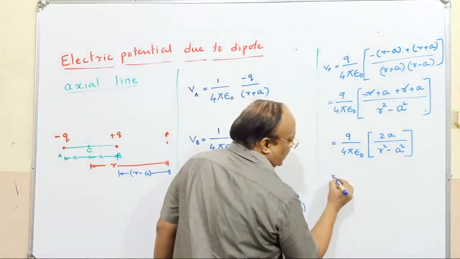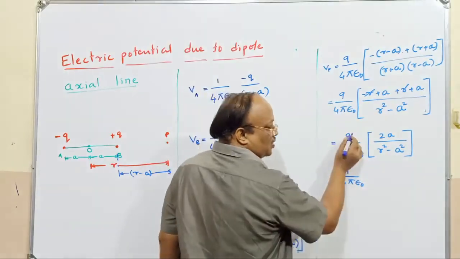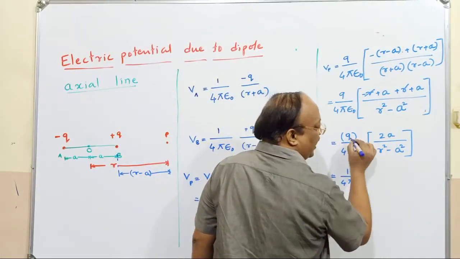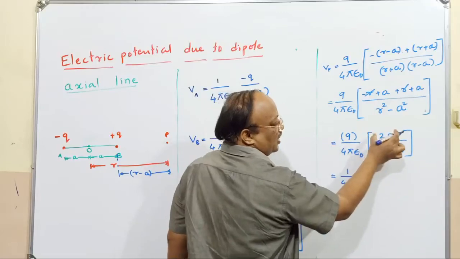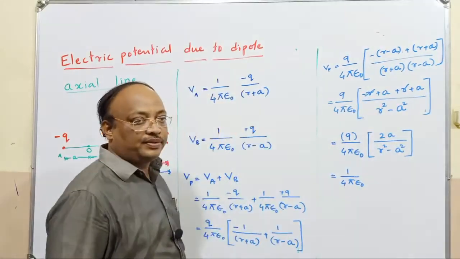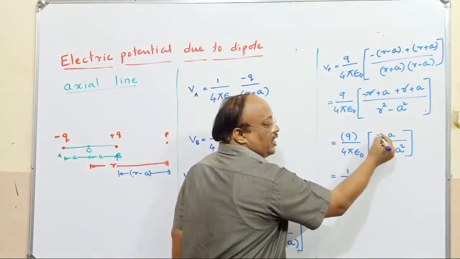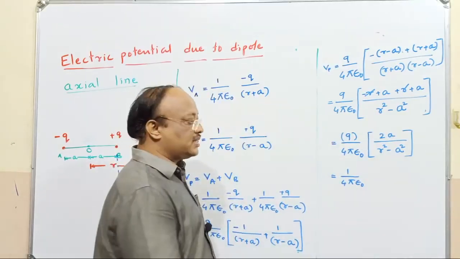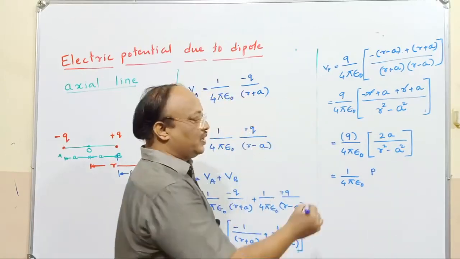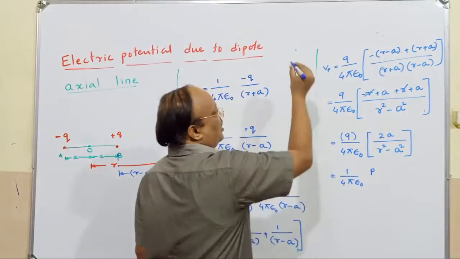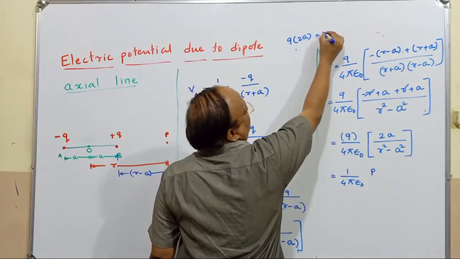Okay, so I can write this as 1 by 4 pi epsilon naught. Q into 2A, the magnitude of one of the charges into the dipole length, is nothing but our dipole moment P, because Q into 2A is our dipole moment.